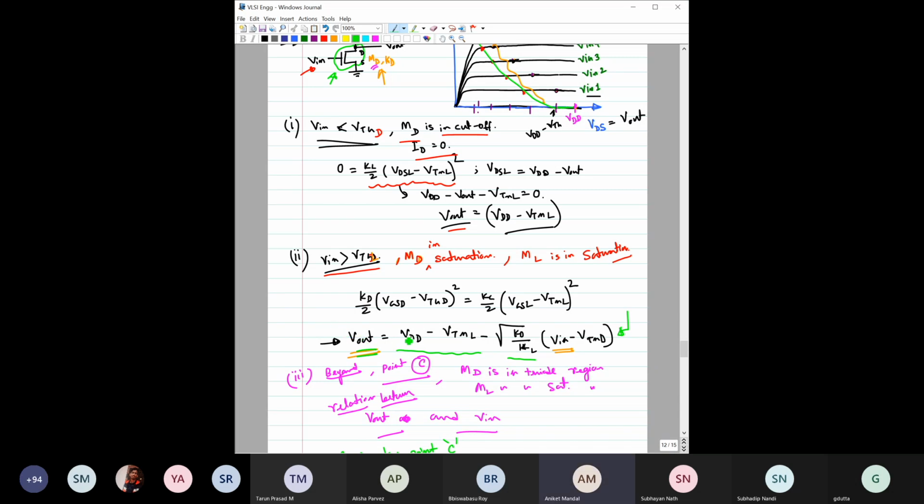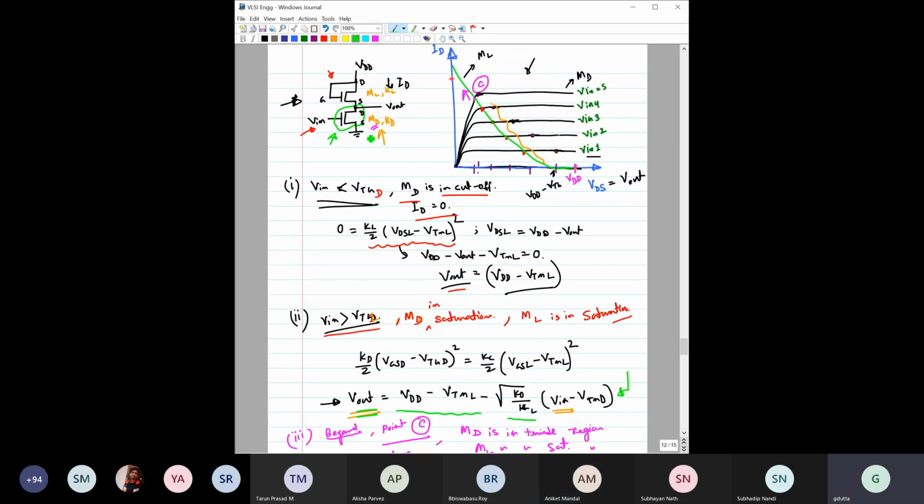For the driver MOSFET we are considering VTH driver, right? For the upper one also we are considering VTH, VTHL, the threshold voltage of the load. So in that equation, V out is equal to VDD minus VTNL, that is VTHL only, right? I'm asking whether it is anything different or the same thing.